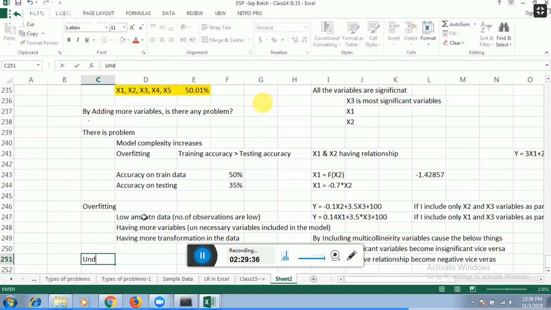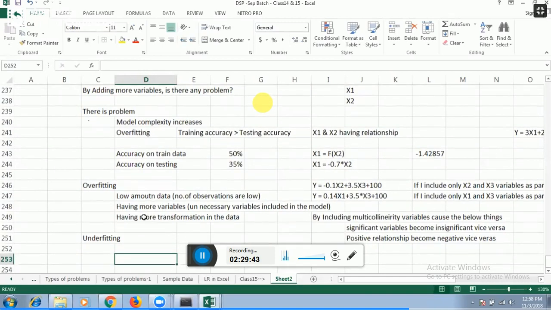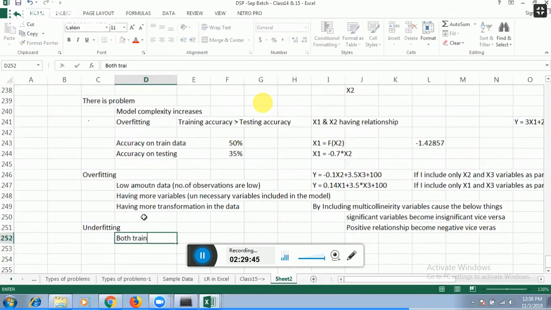There is another problem called underfitting. What do you mean by underfitting? Of course, on both train data and test data, the accuracy is low. Suppose like 50% accuracy, it's not that much. You're supposed to get 80% with the data, but you got only 50% accuracy. This is the problem of underfitting.